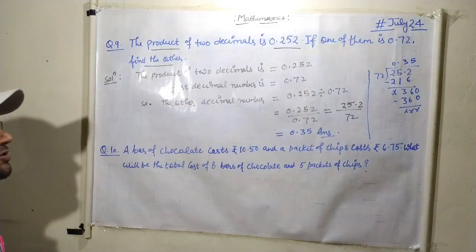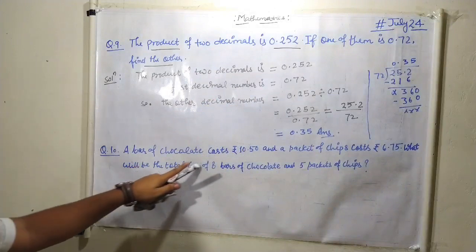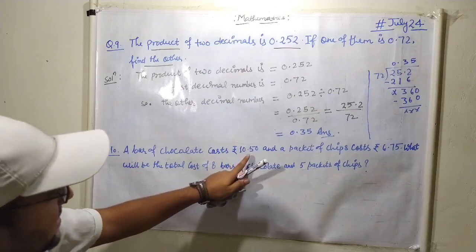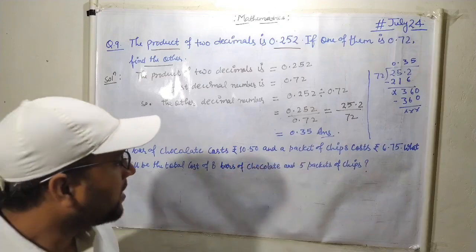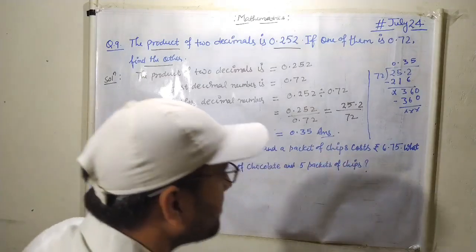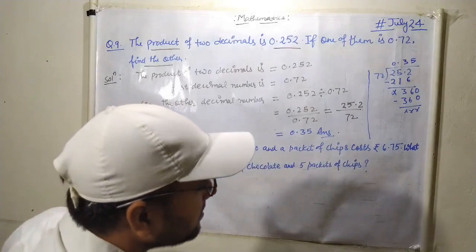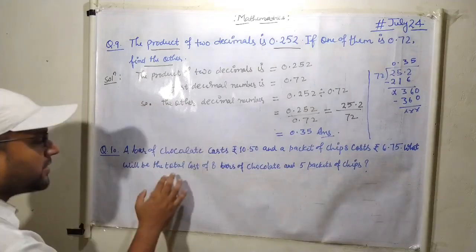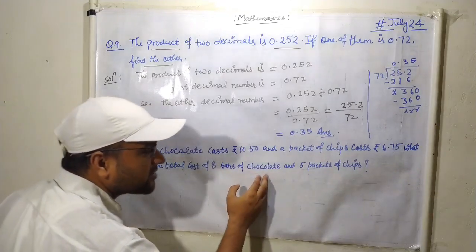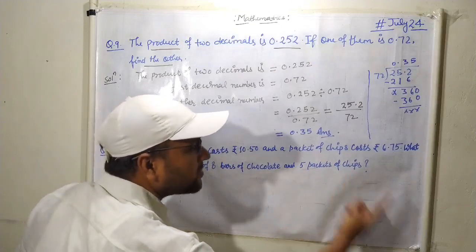Now question number 10. A bar of chocolate costs rupees 10.50 and a packet of chips costs 6.75. What will be the total cost of 8 bars of chocolate and 5 packets of chips?